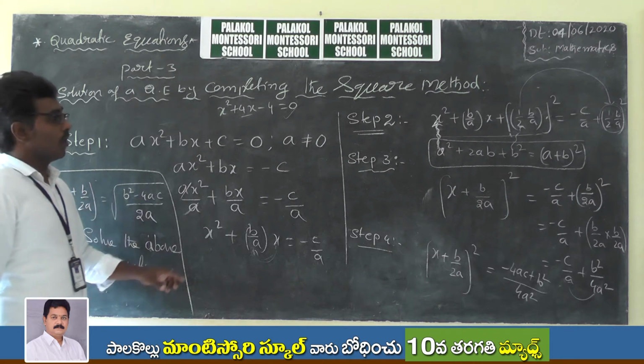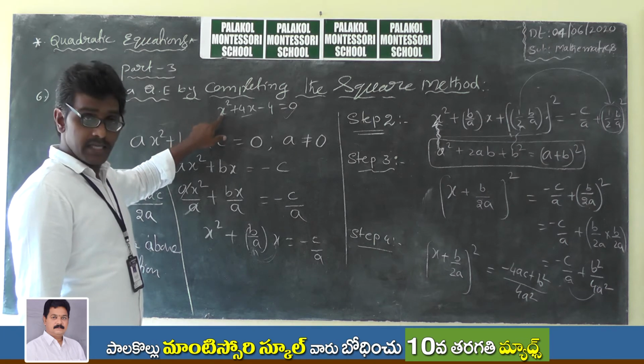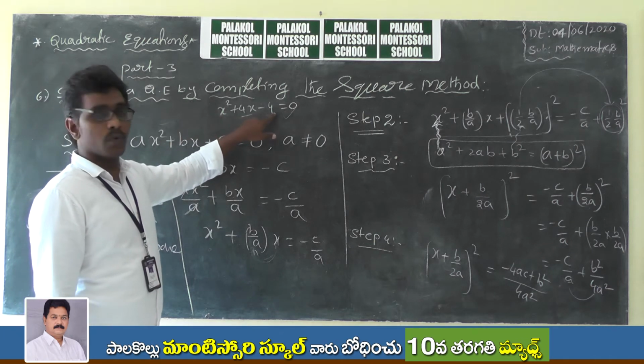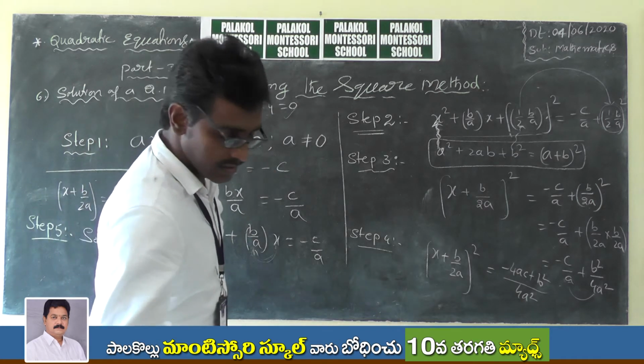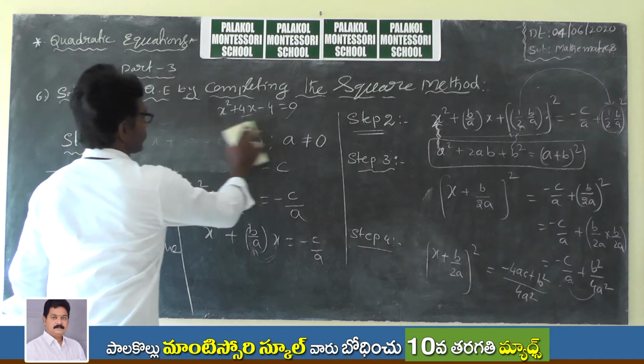Okay, guys. Now, I know that already one sum here, x square plus 4x minus 4 is equal to 0. Apply this method to that one. I do this one. See, step 1.